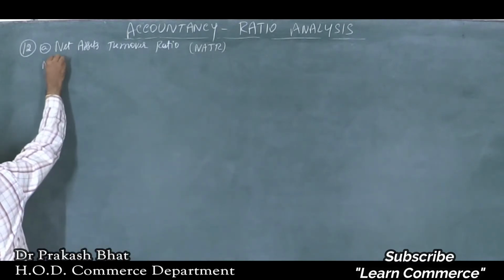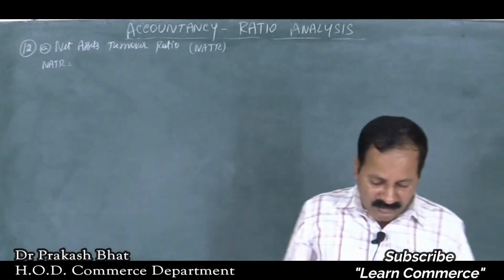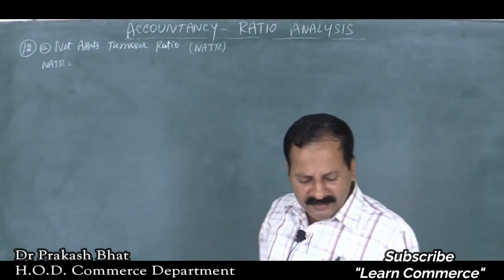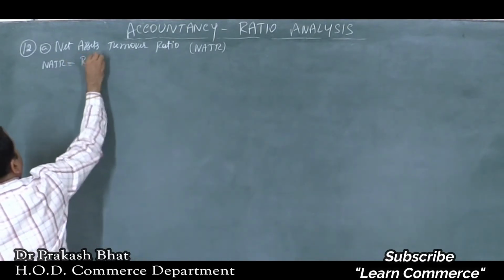NATR, net assets turnover ratio, is equal to, write the formula, revenue from operations divided by capital employed, right?